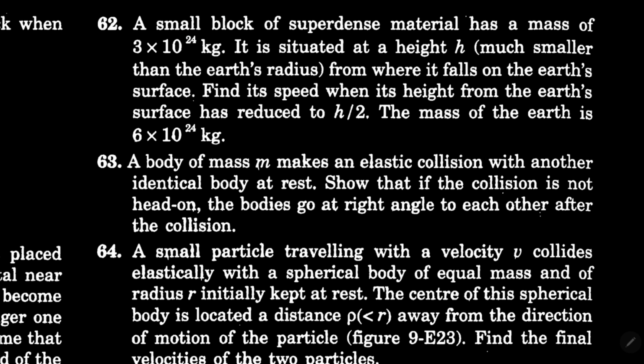In question 62, a small block of super dense material has been given. We need to find its speed when its height from Earth's surface has reached h by 2. So this is solution 62. Given that height is much less than the radius of Earth, the two blocks are attracted by gravitational force of attraction.